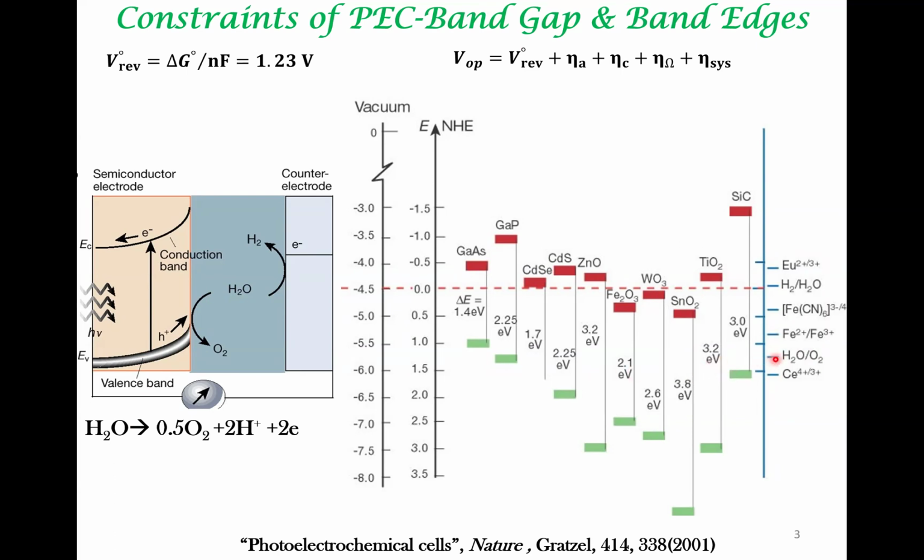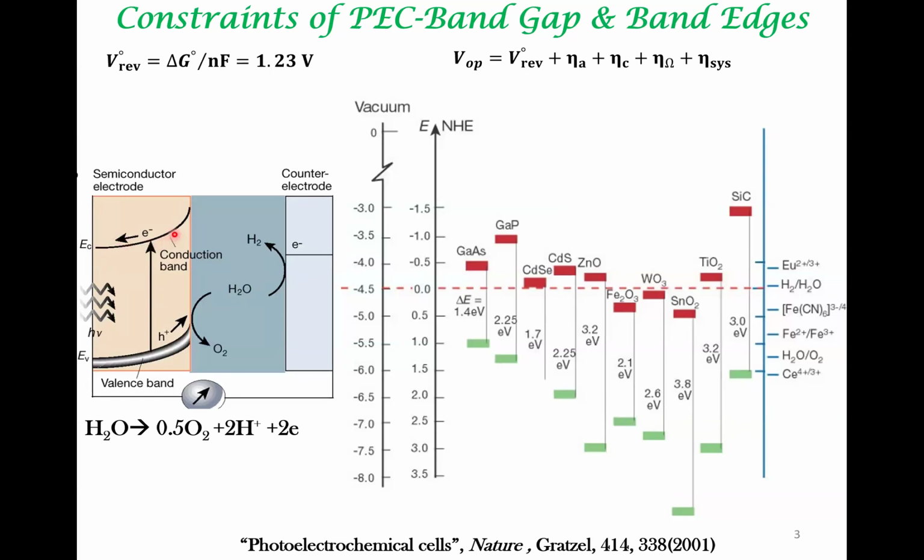Because you are transferring electrons from this redox level to the valence band edge. There are some semiconductors which can be utilized which satisfy this constraint, and some of the semiconductors cannot be used because of this constraint.